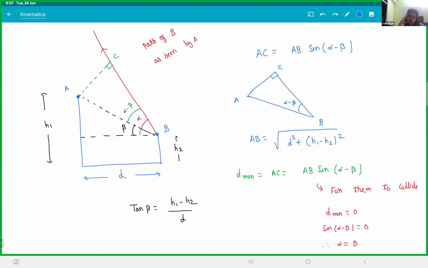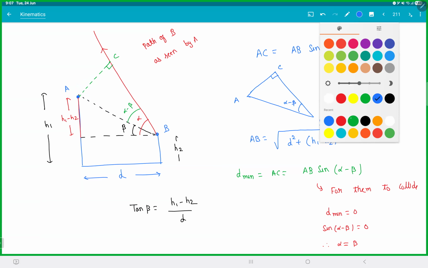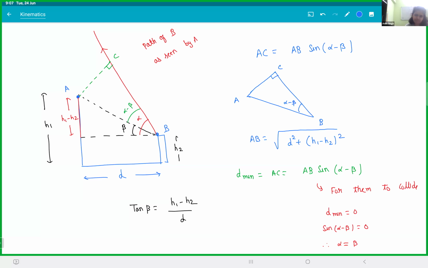Matlab, if you're confused, maybe this height is H1 minus H2, the difference in height of the buildings. Yeah, no, I wasn't viewing the two lines as buildings. You want buildings? Yeah, they're buildings. There.